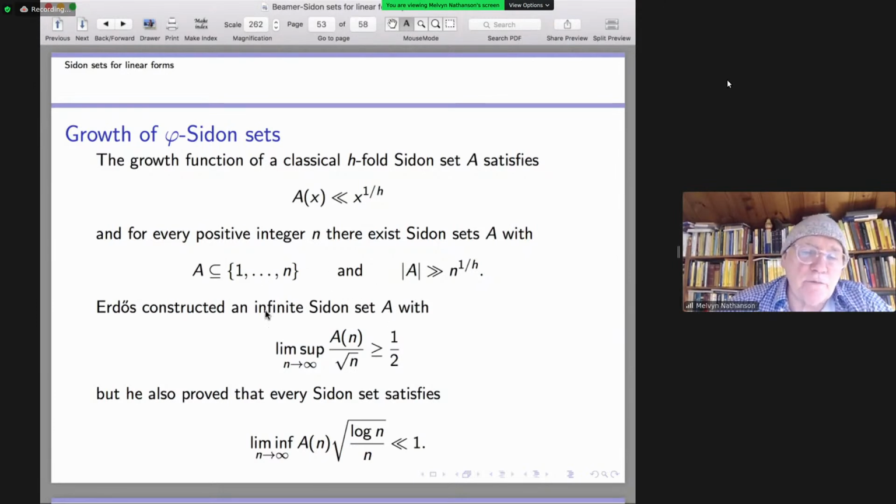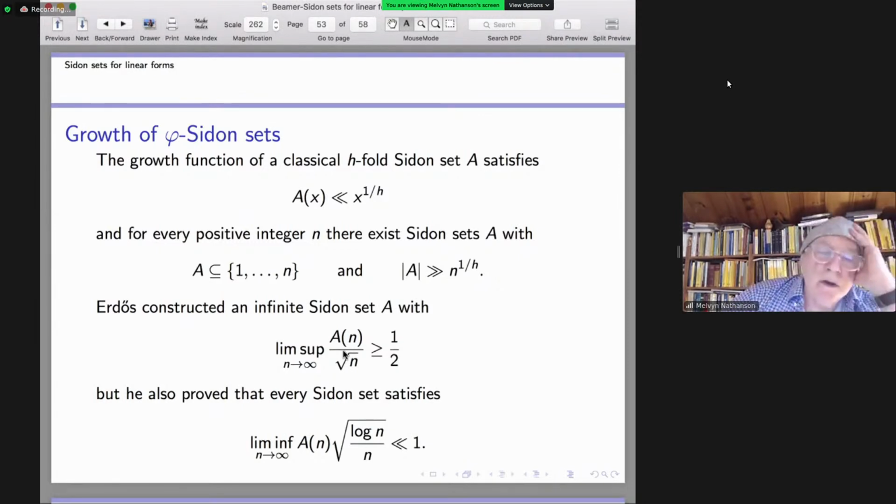So you would expect when h equals 2 that you can't do better than an infinite Sidon set where the counting function A(x) is bigger than the square root of x, but maybe you can actually get more than square root of x elements. So Erdős showed that half of that is possible and the other half is not possible. So he constructed an infinite Sidon set A where A(n) is basically bigger than some constant times square root of n infinitely often.